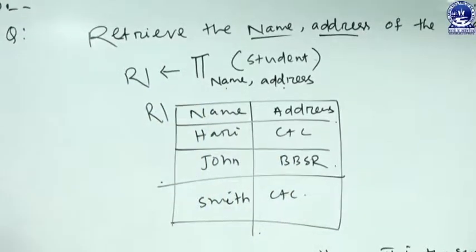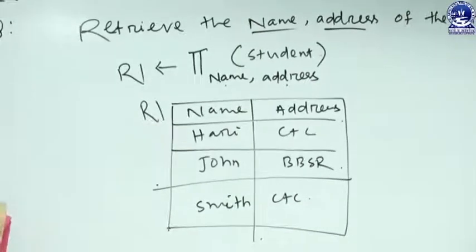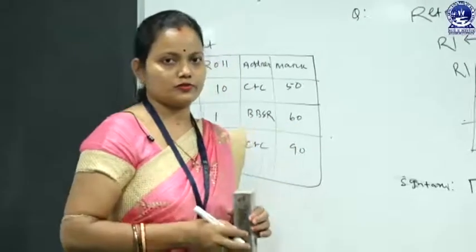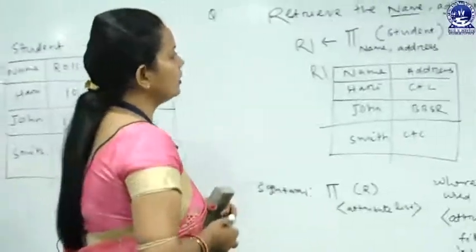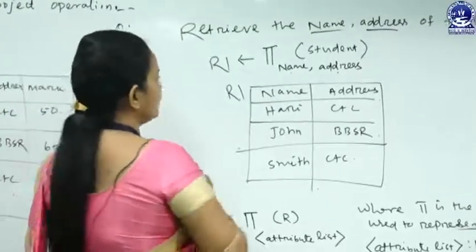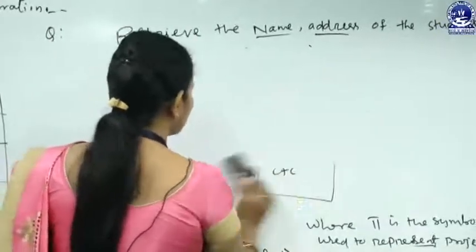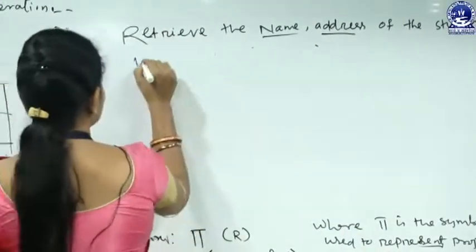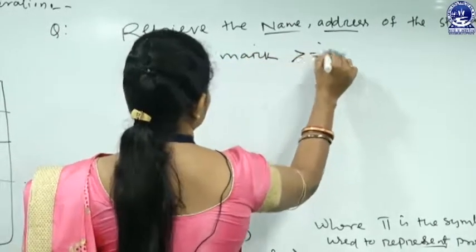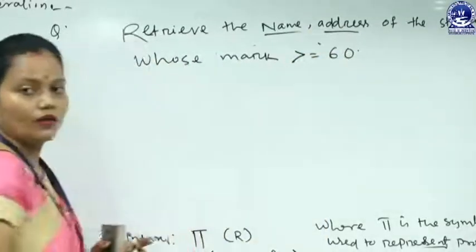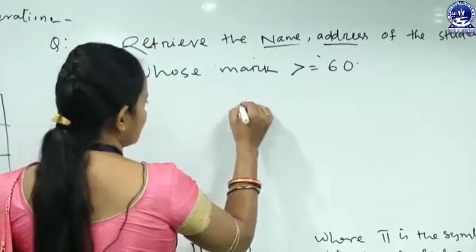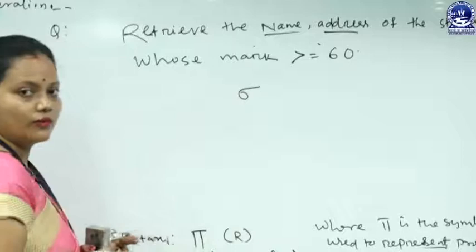Let us see another example which forms the relational algebra expression using both the select operation and project operation. If the query is to retrieve the name and address of the student whose mark is greater than or equal to 60, then what will be the relational algebra expression? First we must filter the tuples from the relation.